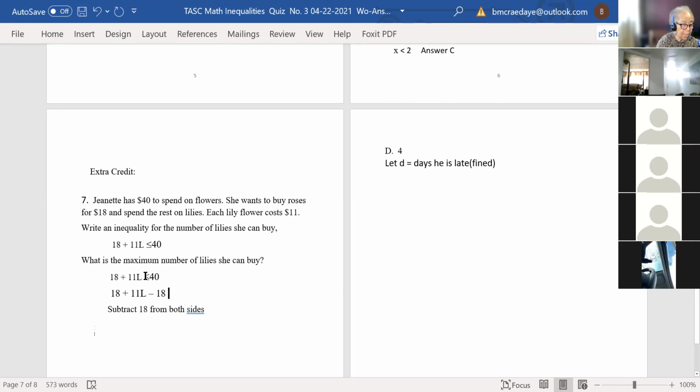And let's copy our less than or equal sign. Less than or equal to 40.